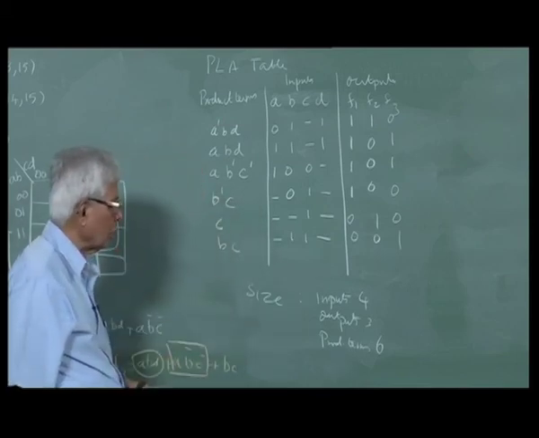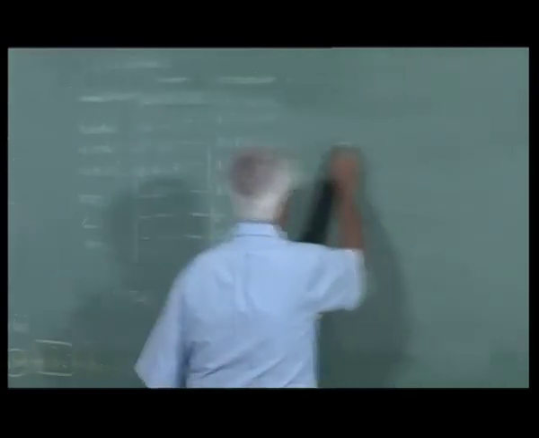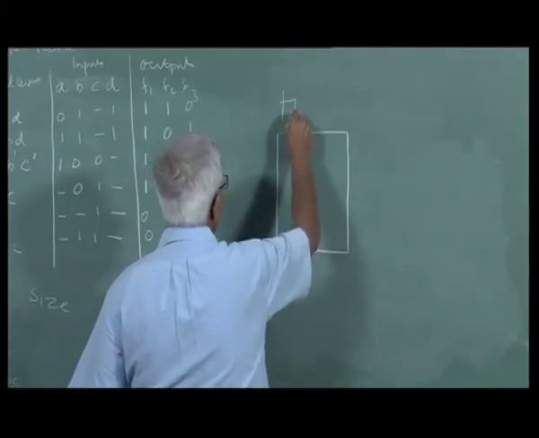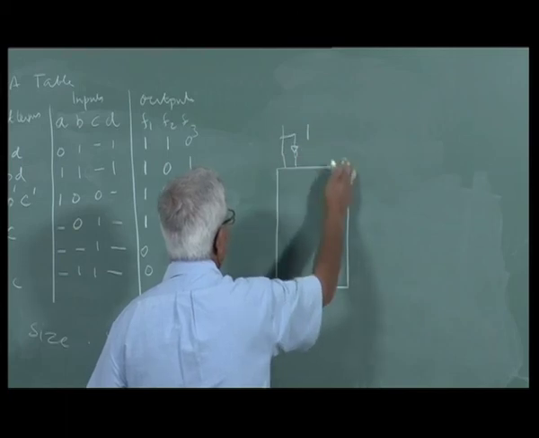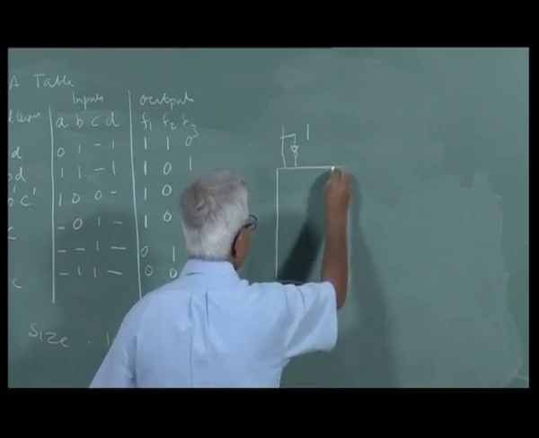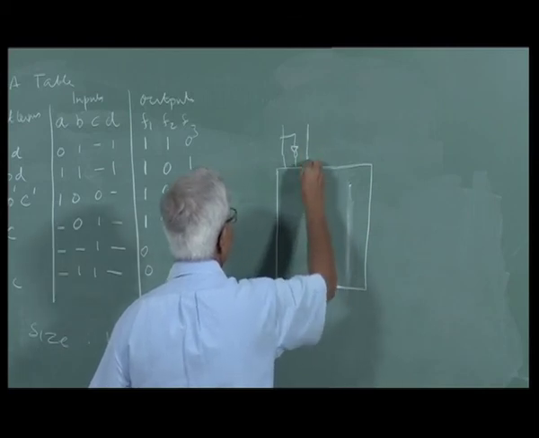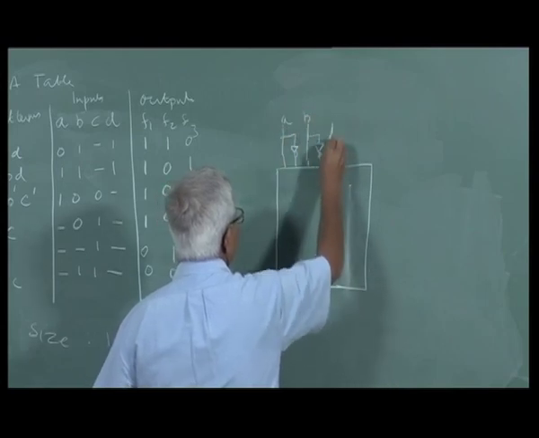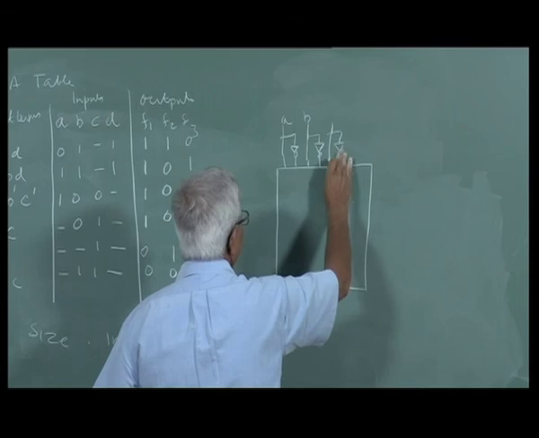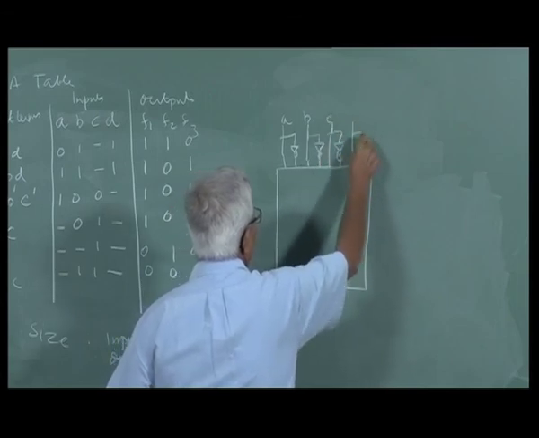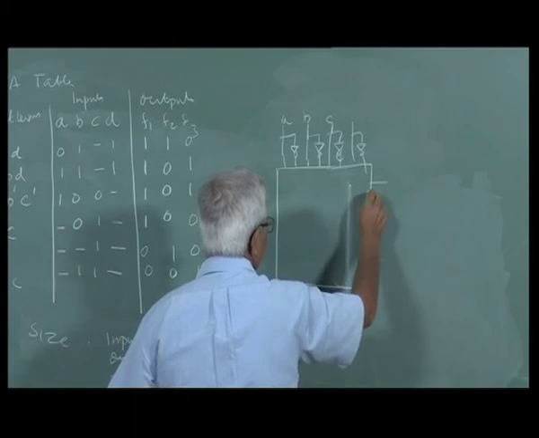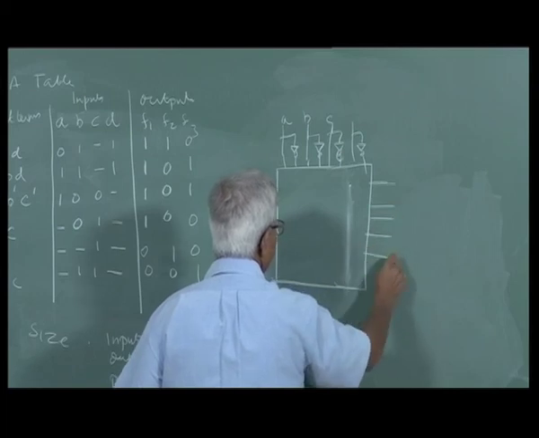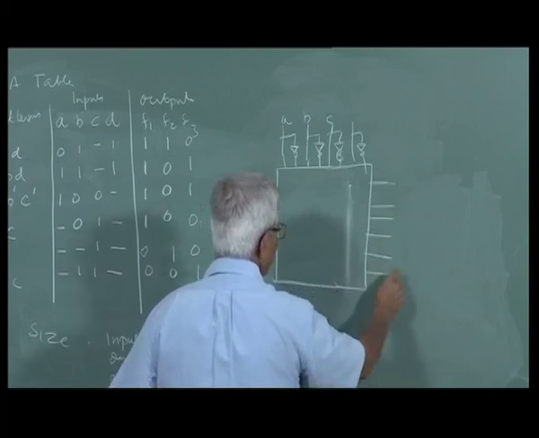So after this I am not going to draw that AND array or OR array. You complete this map: A bar, B bar, C bar, D bar, all these product terms, 5, 6, 6, using AND gates.